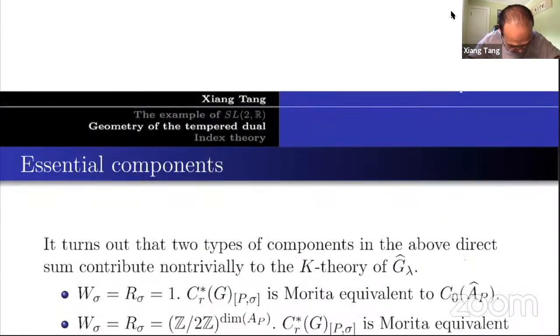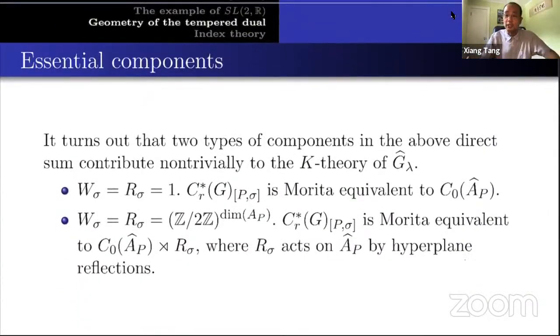Another component is the interesting component I want to bring to your attention. It's the number 2 case, like in SL2, where W sigma is just R sigma, just copies of Z2, and they have the same number of Z2s as the rank of our A_P.